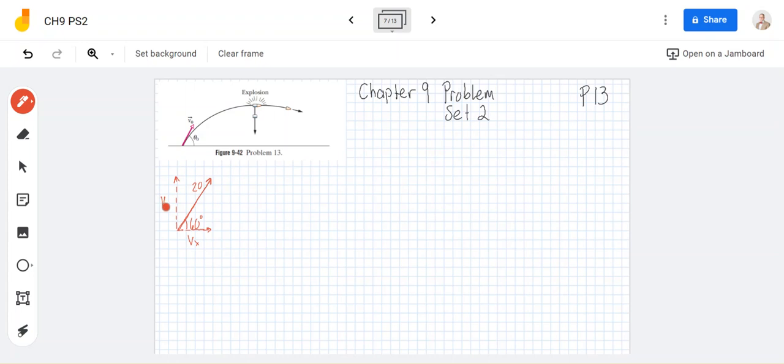Sorry, there's some construction going on next door. V in the X direction is equal to the V0, 20, times the cosine of 60. Vx is equal to 10 meters per second.